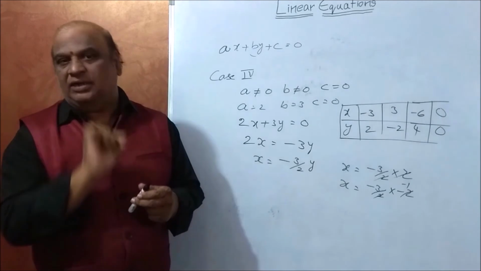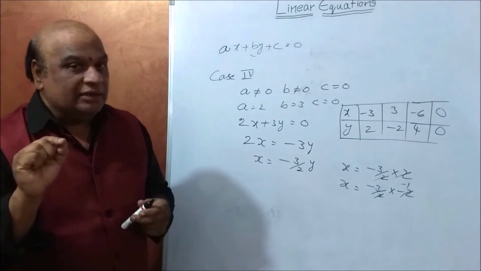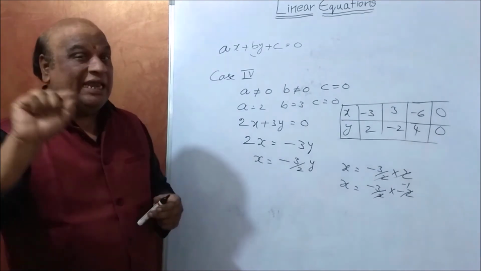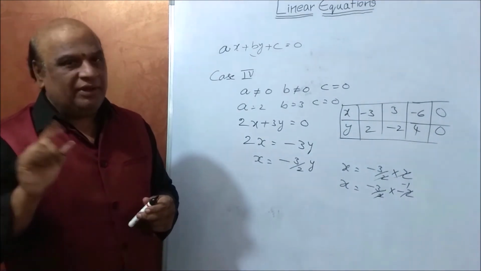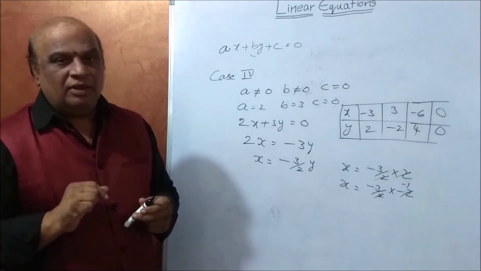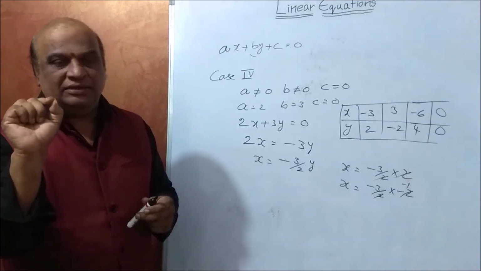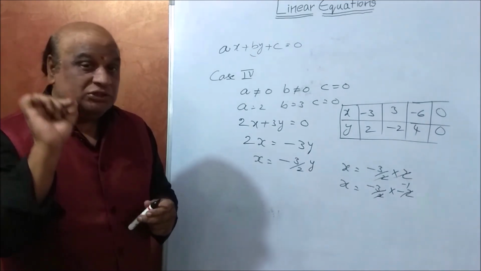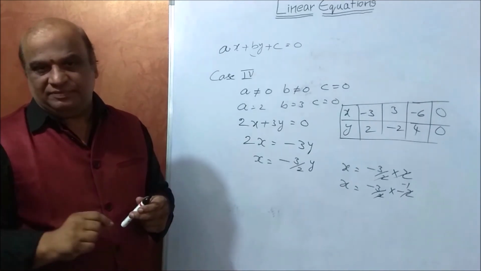That is the important point. In all cases, if you draw a line, this is called a linear equation. What is the meaning of linear equation now? The equation which shows a line is called a linear equation.